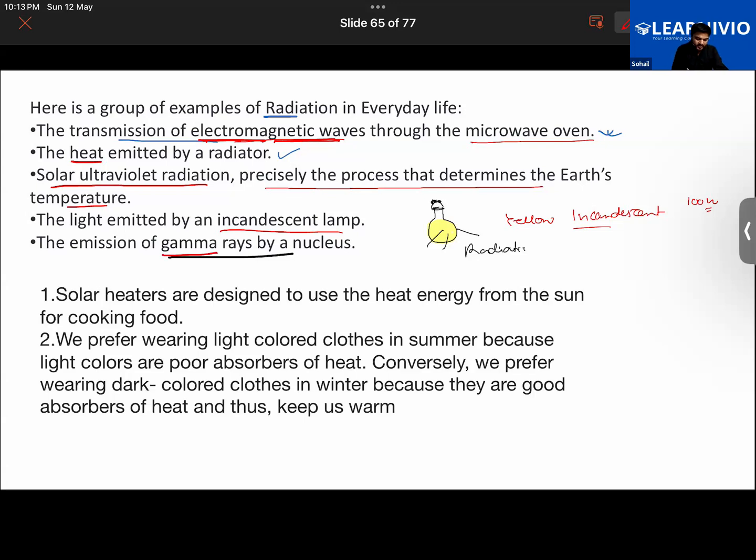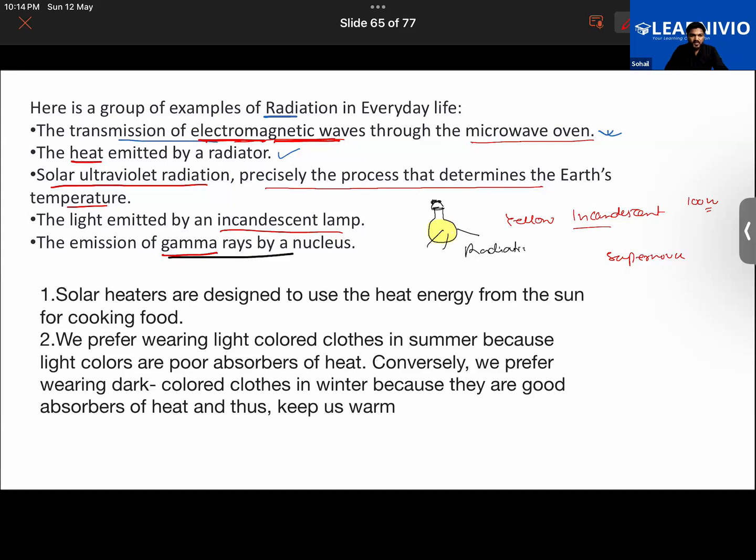Gamma rays are produced by some of the most energetic objects in our universe. For example, you have heard of supernova, nuclear explosions, neutron stars, black holes.